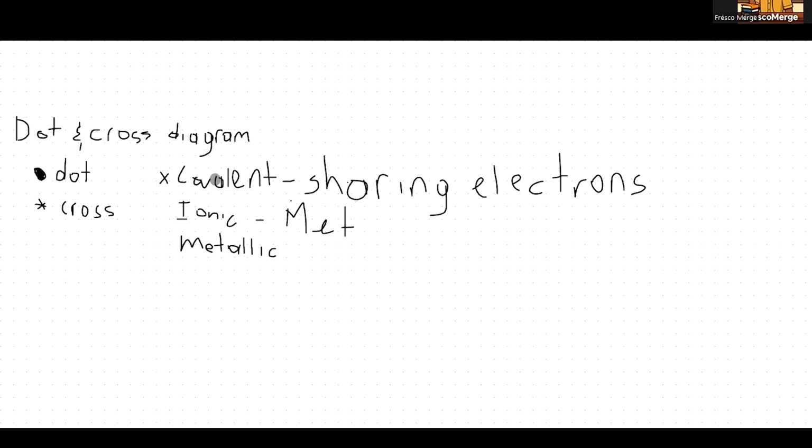So I'm just going to use a diagram to represent that. Metals are going to transfer electrons. So for example, this would be an electron. It's going to transfer the electron to what? Non-metals.